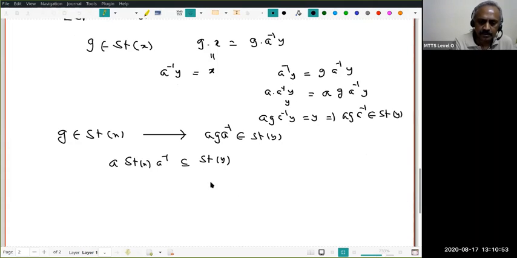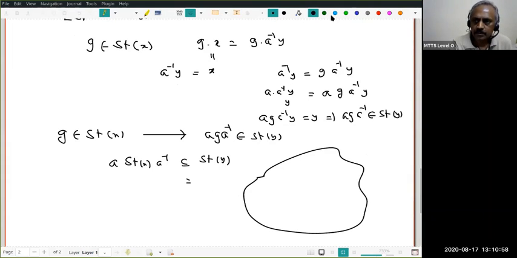Yes? Okay. Now I claim these are equal. Let us just draw a picture quickly. So let us say this is my X and this is my Y and this is my A, which takes X to Y. Therefore, this is my A inverse. Now G leaves this invariant, this is my G, it takes X to itself.